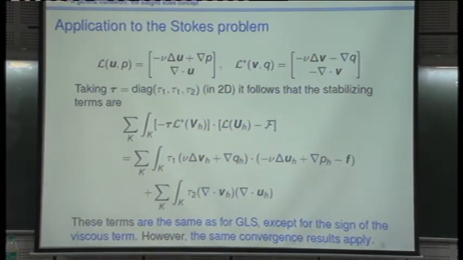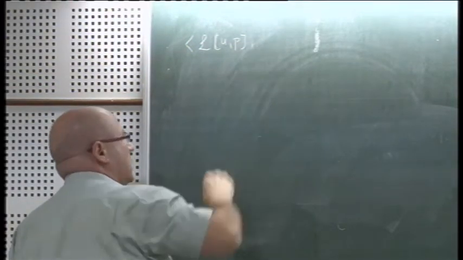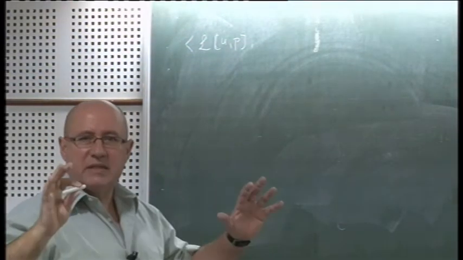So what is the Stokes operator? We have the Stokes operator L of (U,P). Again, you will see that it is very important to write the problem as a single equation.